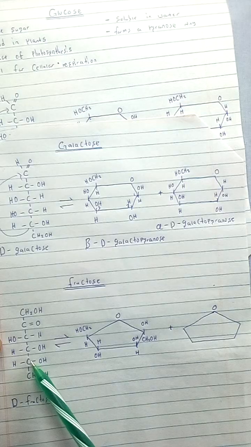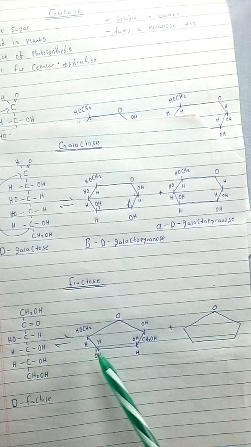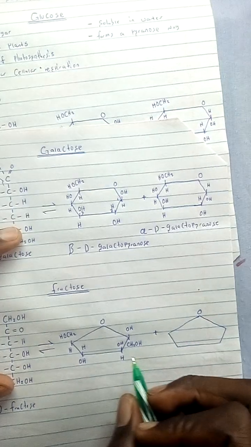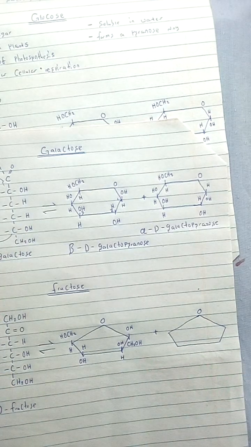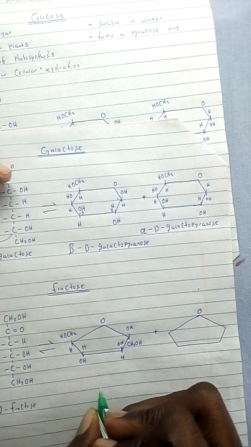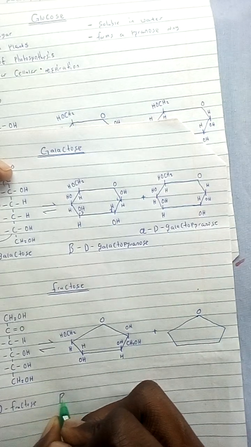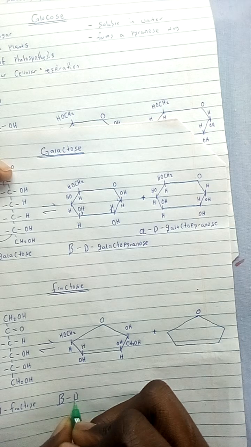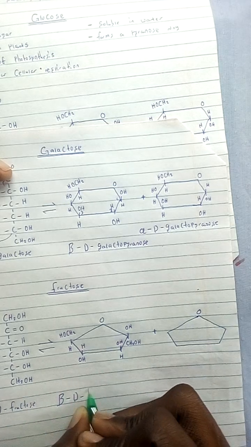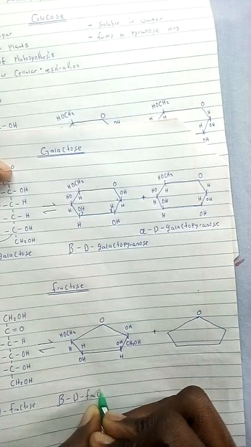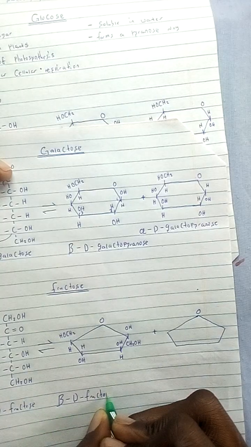This would have reacted, so the H would have remained. So this is the beta form, and the name will be beta-D-fructofuranose.